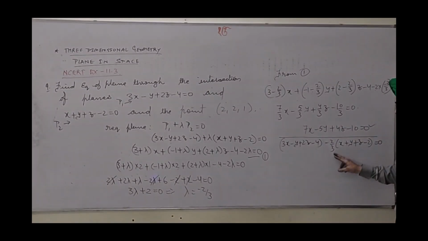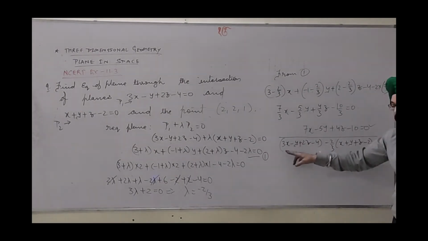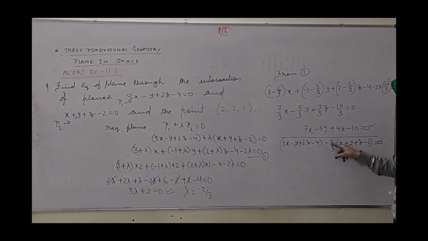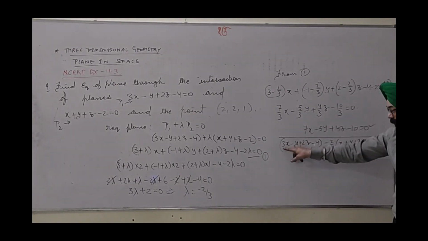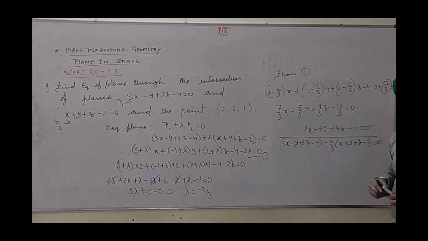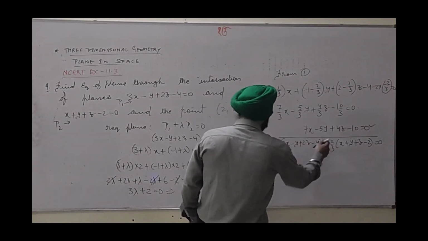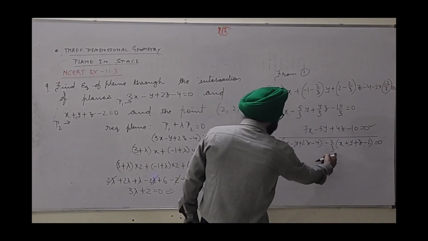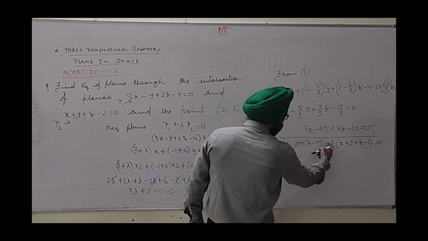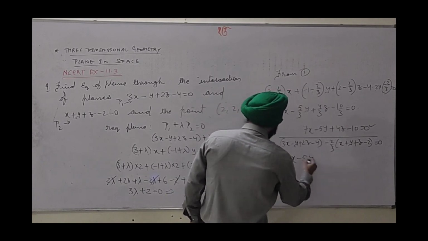Maybe 3 can be multiplied to all these terms. 3 3s are 9. And the coefficient of x will be this minus 2 multiplied in each term of second bracket. So 3 3s are 9 minus 2, like that we can do. So 3 3s are 9 minus 2, 7x, 3 into minus 1 minus 3 minus 2, minus 5y.